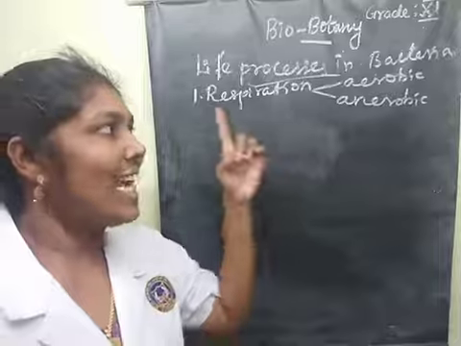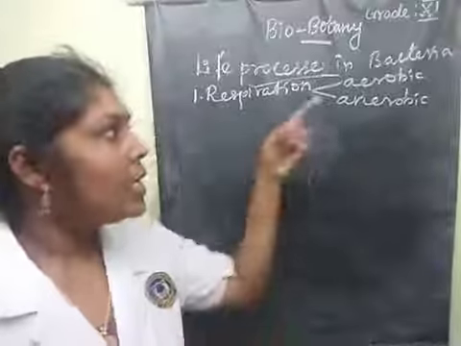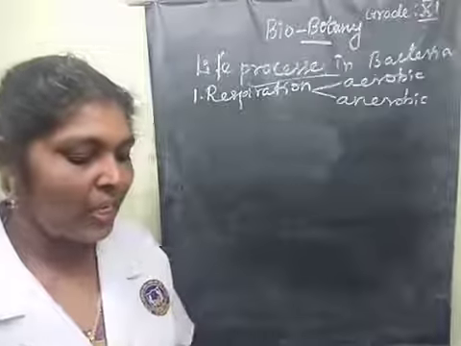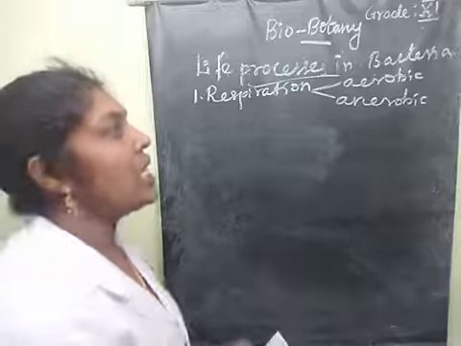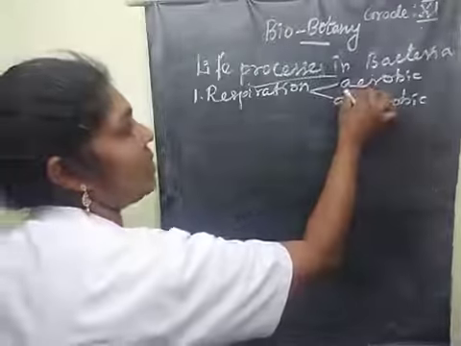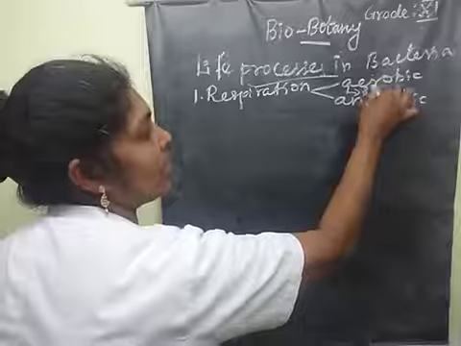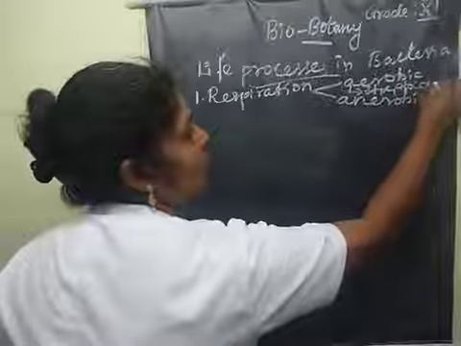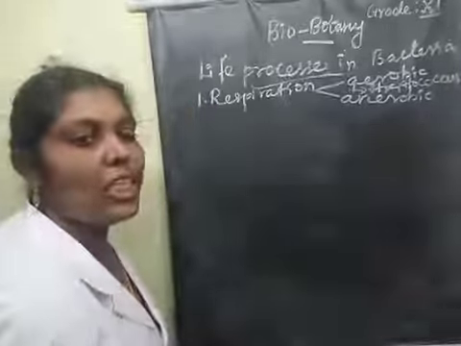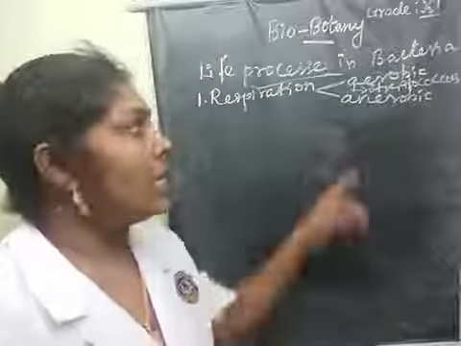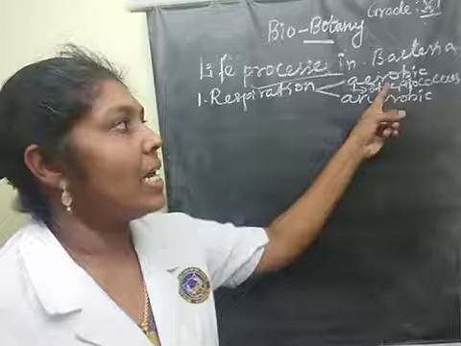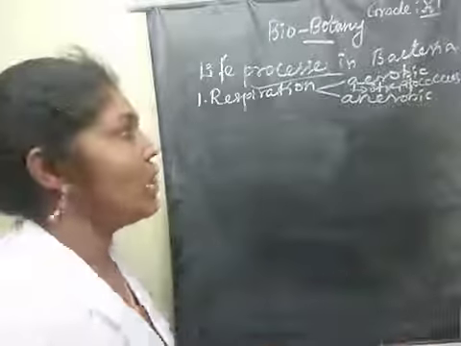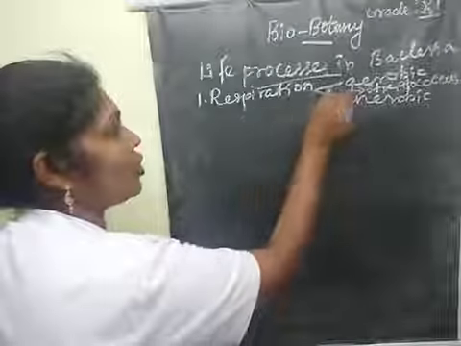Clear? This is aerobic respiration. One example of the species is Streptococcus bacteria. Clear? This aerobic type of bacterium also comes under another type, obligate aerobes.